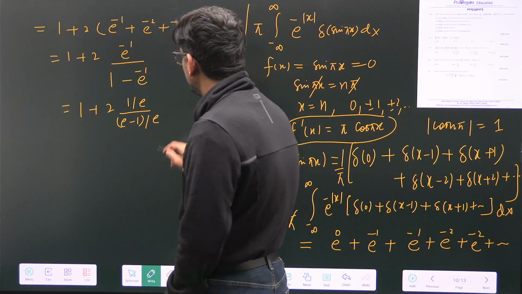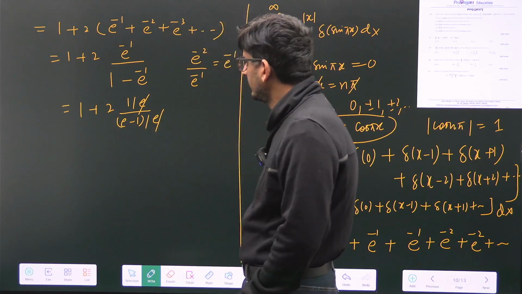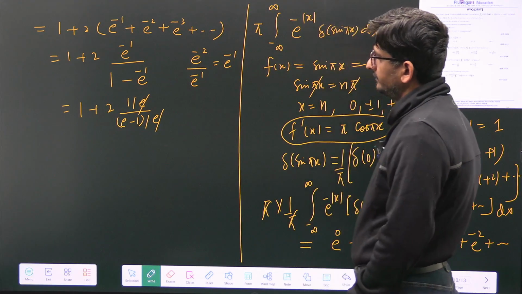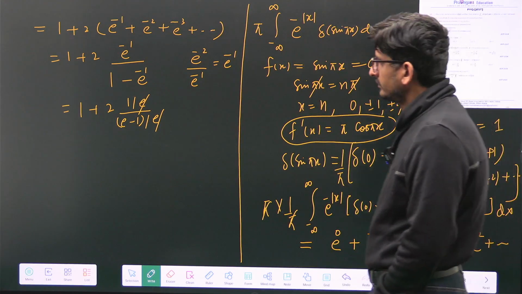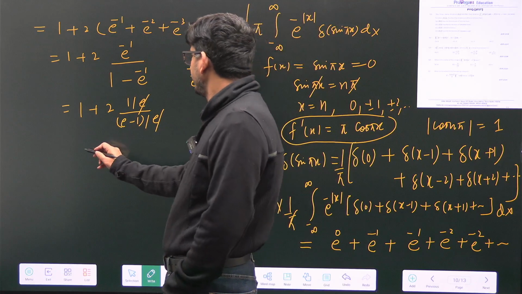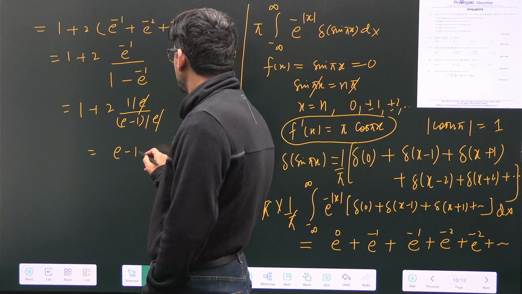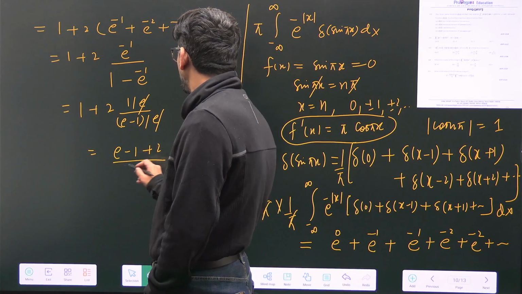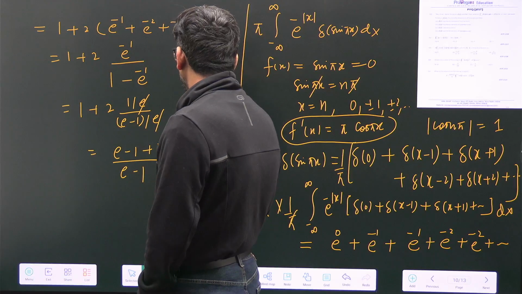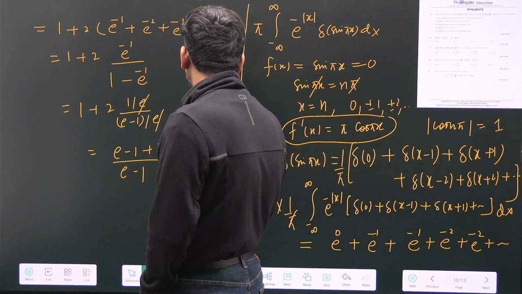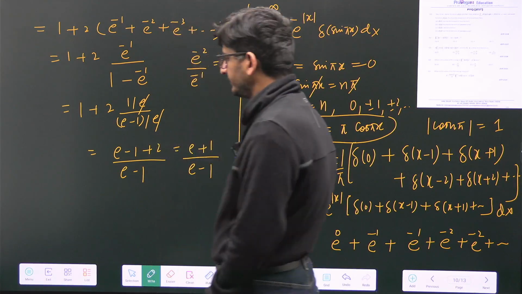Correct? So it will become e minus 1 plus 2 upon e minus 1, which is e plus 1 upon e minus 1.